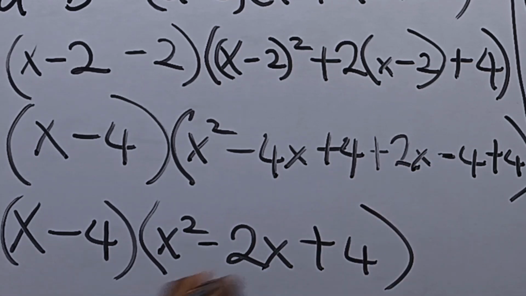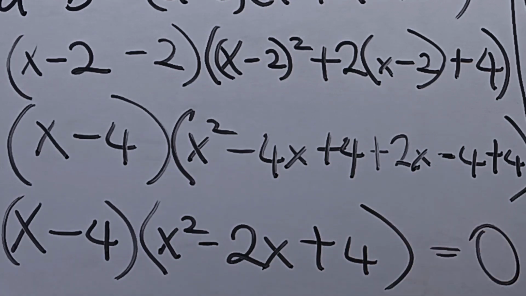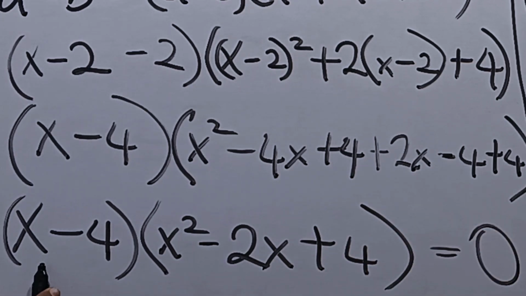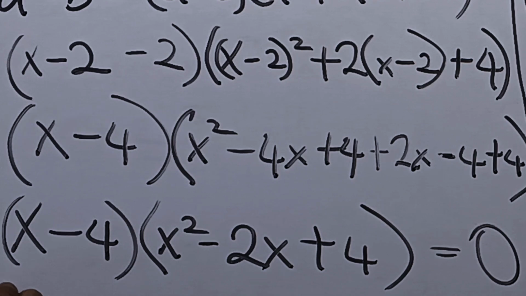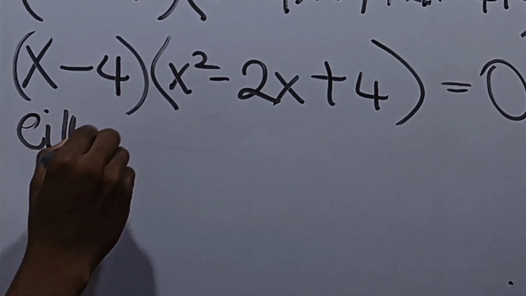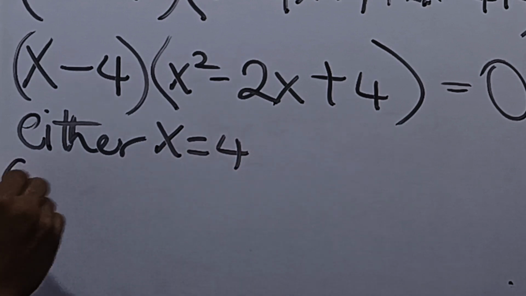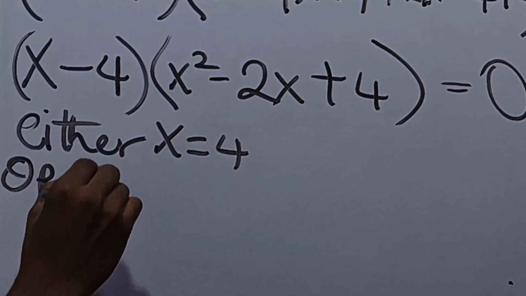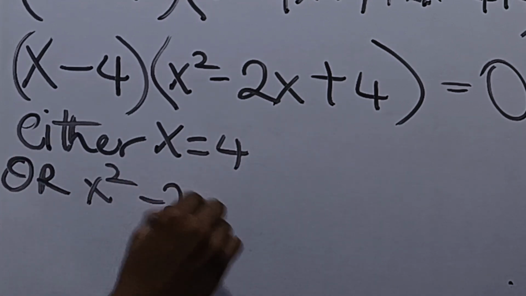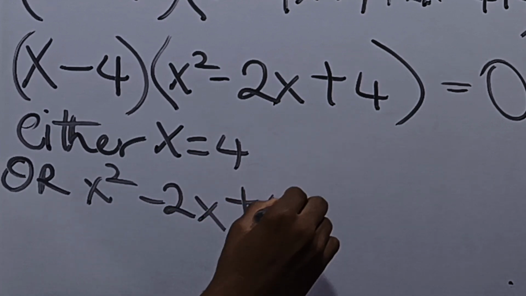Now from here we can say that this is equal to 0. Now when the product of this is equal to 0, it's either the first one is equal to 0 or the second one is equal to 0. So it's either x is equal to 4 or x^2 − 2x + 4 is equal to 0.